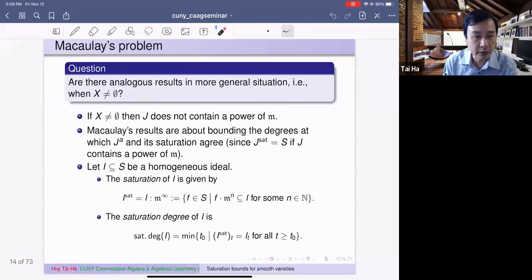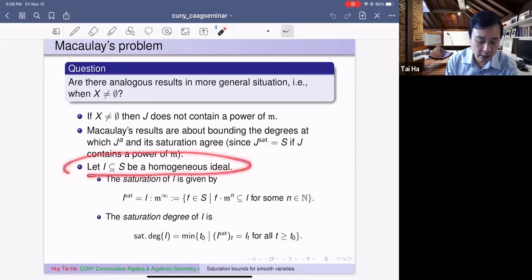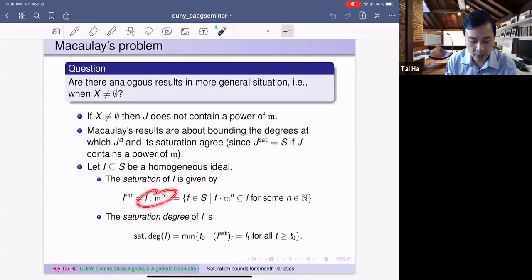So let me just briefly recall the notion of saturation and saturation degree. We start with any homogeneous ideal I. The saturation is just obtained by taking out the M-primary components of the ideal. So either we colon by M to infinity, or if we know the primary decomposition of I, then we just throw away the M-primary piece in that primary decomposition.